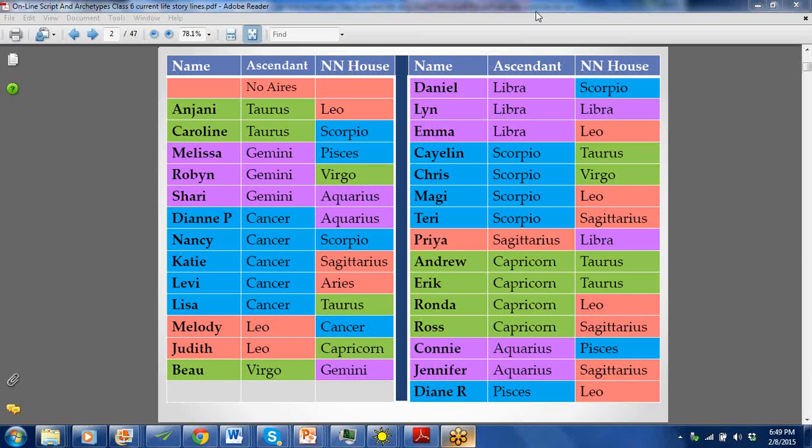A double earth there. And then Ross, another Capricorn rising, the visionary, to boldly go where no one has gone before, taking Capricorn into new territory.